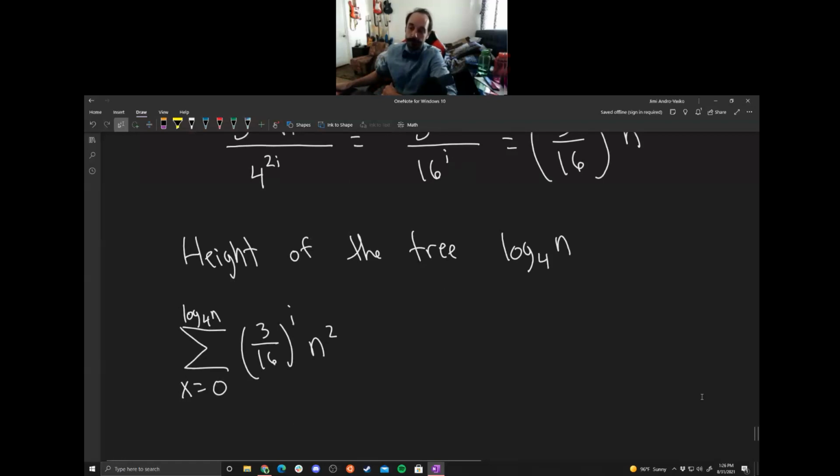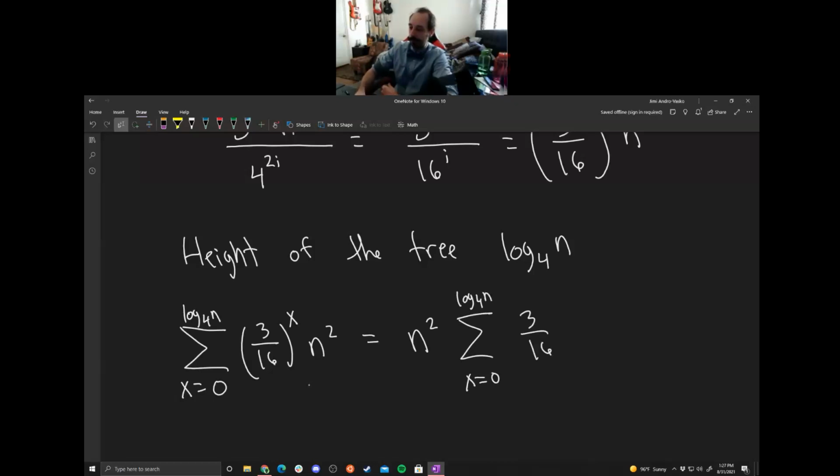Of course, the n squared does not depend on the x counter, so you can take the n squared and put it in front of the summation: n squared times the sum from x equals 0 to log 4 of n of 3 over 16 to the power x.